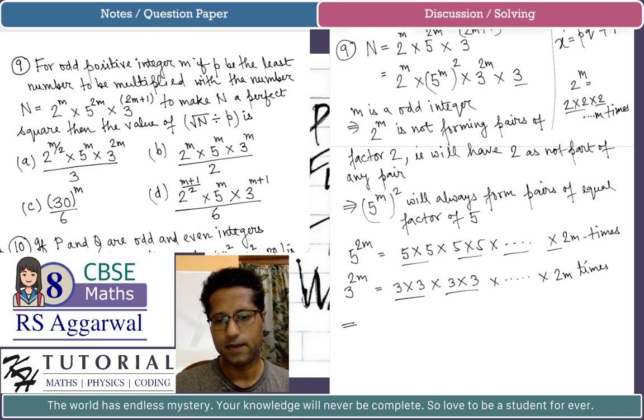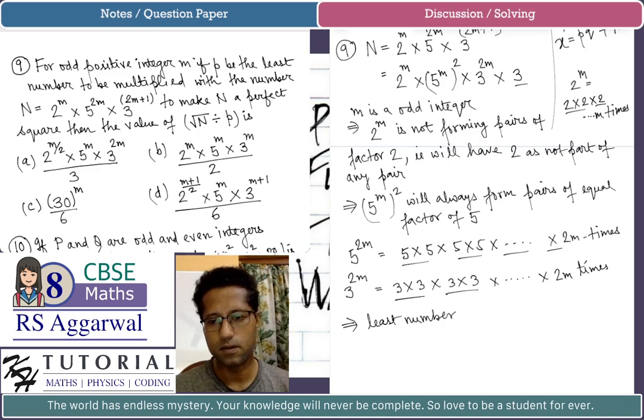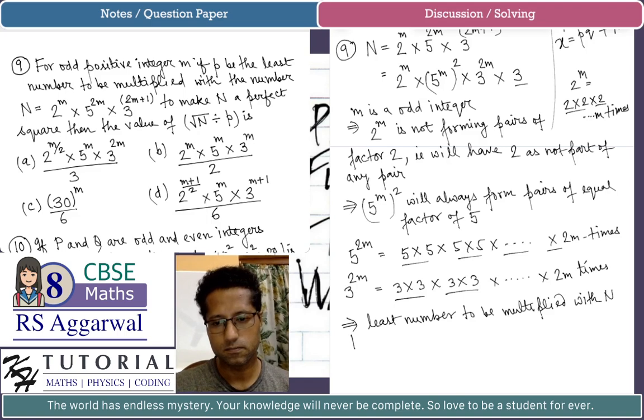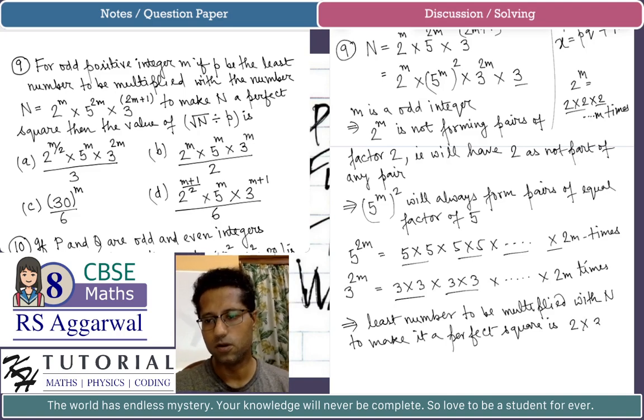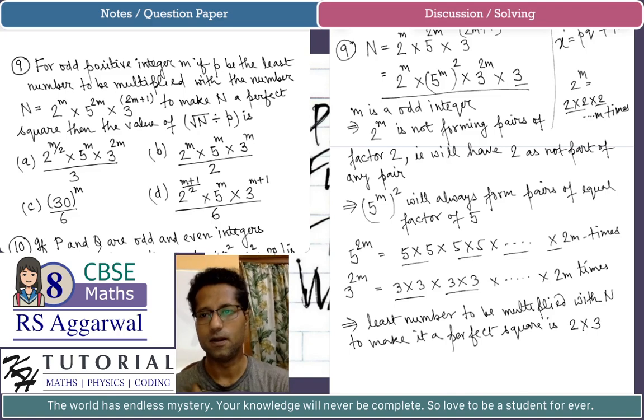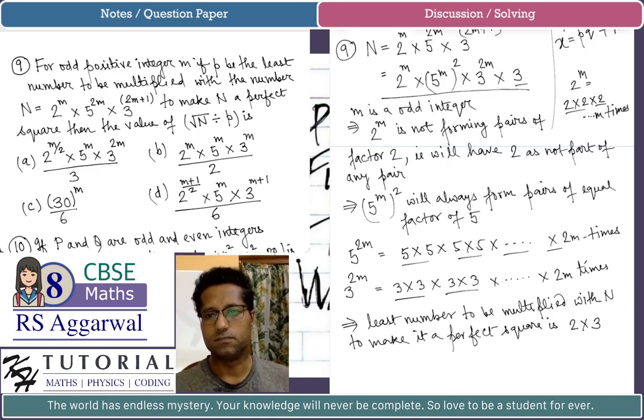So we can say that the number to be multiplied with n to make it a perfect square is 2 multiplied by 3, because in this factorization of the given number n, all the factors of 5 are part of some pair, and in 3 to the power 2m also, all the factors of 3 can be paired.